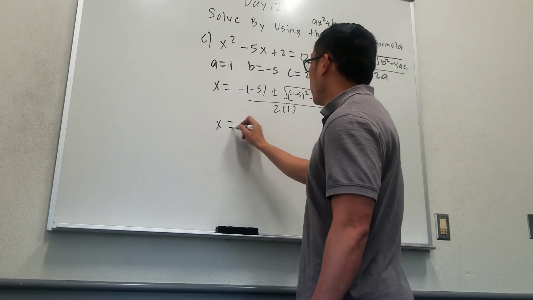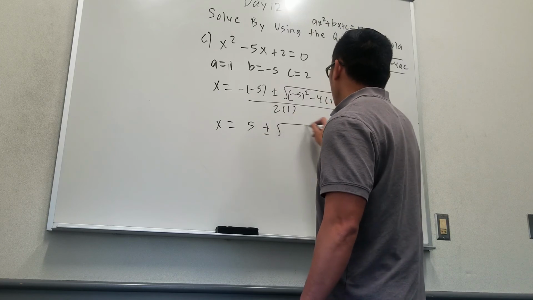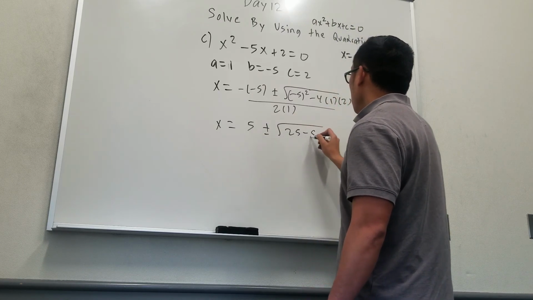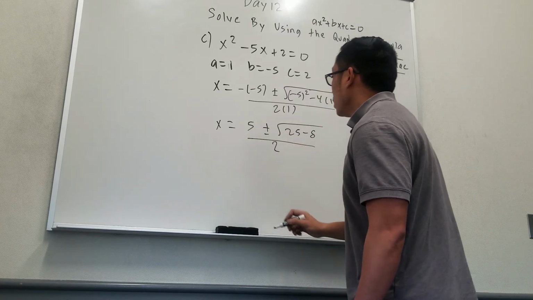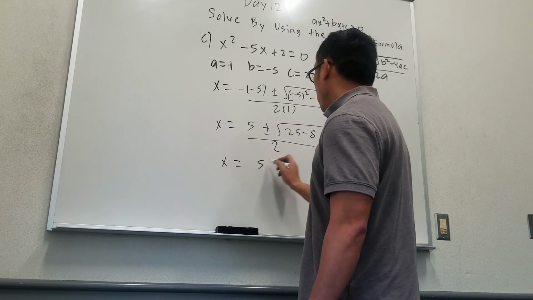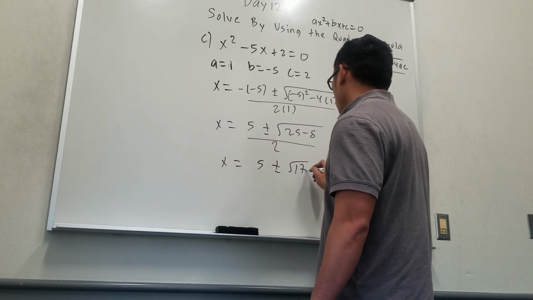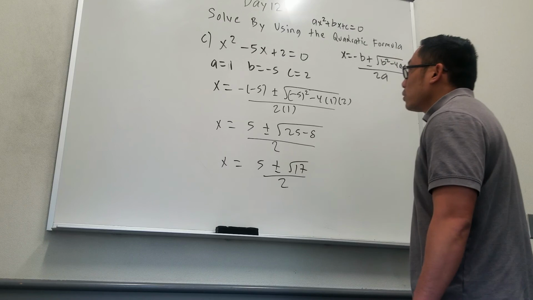That's it. So you have 5 plus or minus the square root of 25 minus 8, all over 2. So x is equal to 5 plus or minus root 17 all over 2. And that's all you have to do.